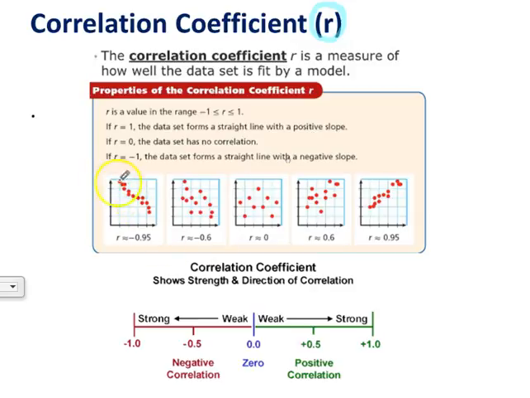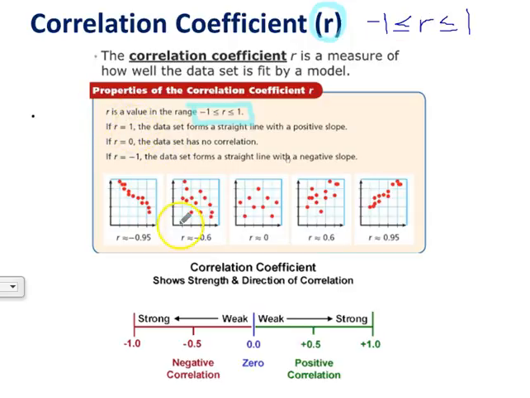The correlation coefficient can range anywhere from -1 to +1.